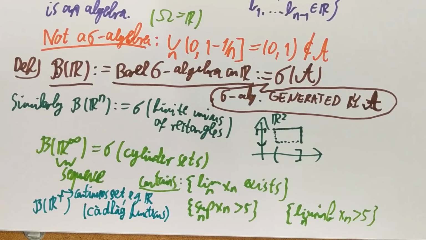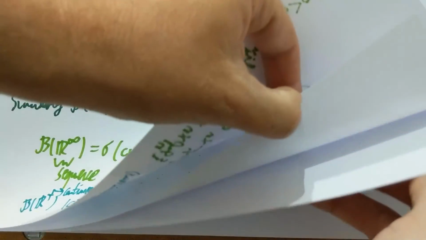There are some restrictions which you need to make here. Not all functions will be allowed to build up a sigma algebra like this, but a wide class of functions can be included, and it's very useful to look at processes, for example, Brownian motion and the like.